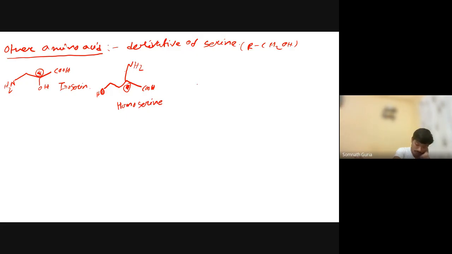We have another isomer of it. Here is the COOH.